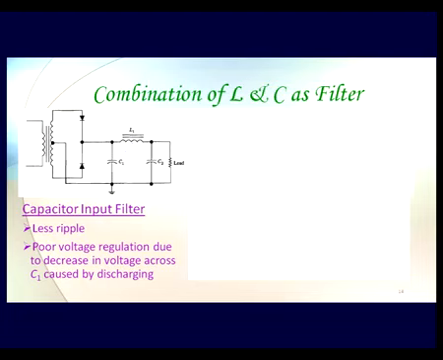Now in this circuit the ripple is quite less, but the voltage regulation is a little poor, because this capacitor C1 keeps on charging and discharging as per the input cycle from the rectifier, and so this capacitor is going to discharge at certain point of time in order to supply to the load, and so this voltage itself is not going to be constant throughout the operation, and so the voltage regulation will be quite poor in this scheme.